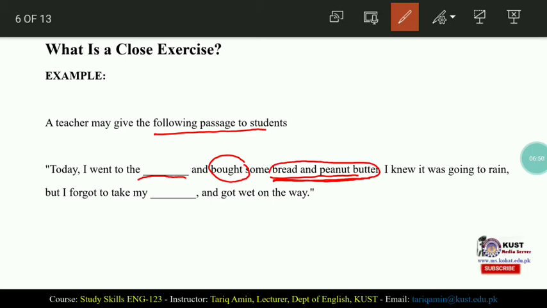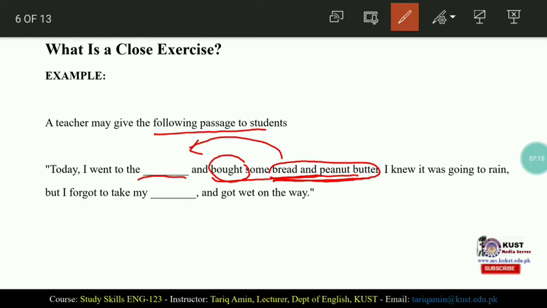These words help us fill this blank. This is what we have got from the text, and we do have some background knowledge, some prior knowledge about shops, about bread and peanut butter, and about the word bought.